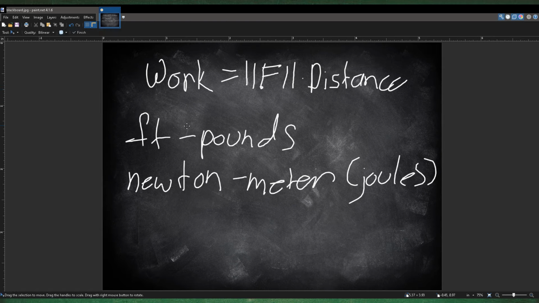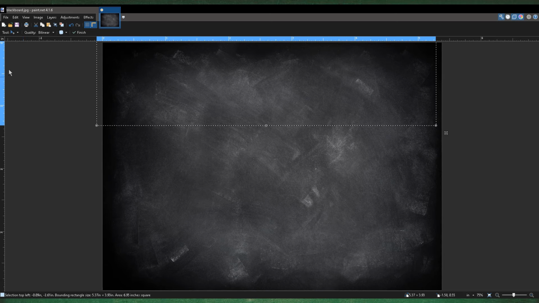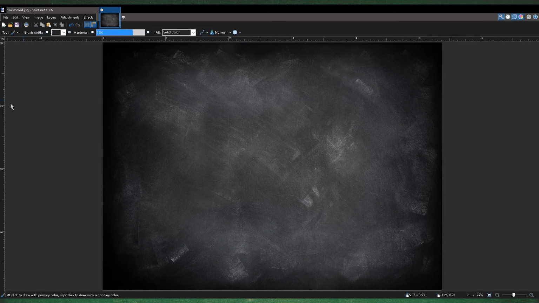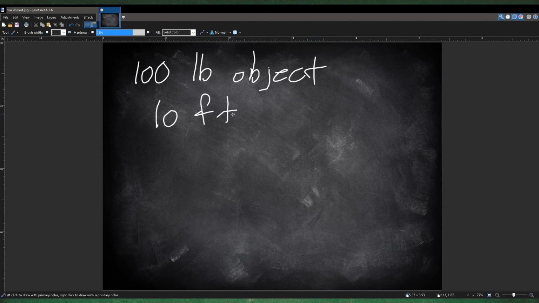So let's give an example. Imagine you have to move a 100-pound object 10 feet at a 30-degree angle, right? So you put this in polar form.